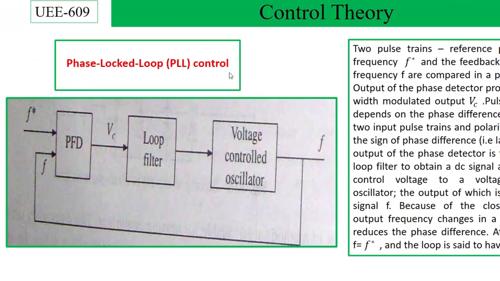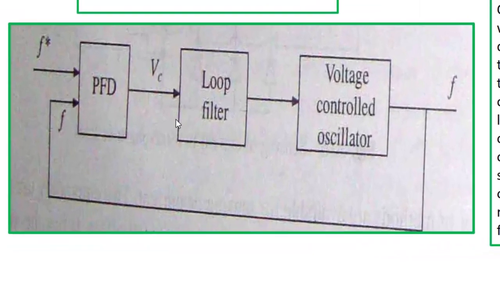Phase lock loop control. Here is a phase detector. It will detect the phase difference between two input trains of pulses. Here is the reference or desired one, and this is the train of pulses coming from the output side.